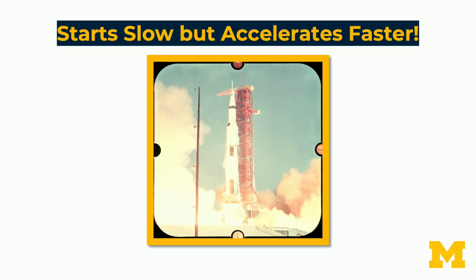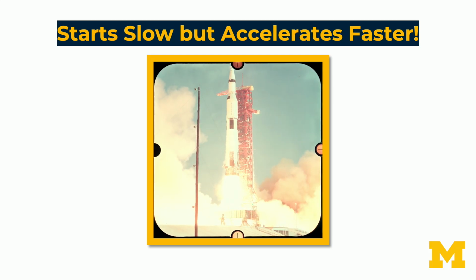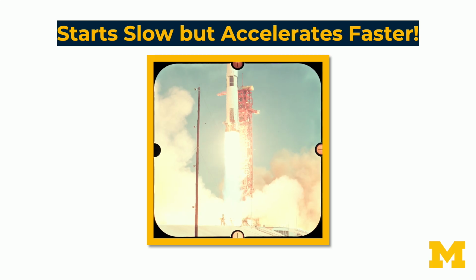So it accelerates faster and faster. And you can see that with something like the Saturn V rocket. When it starts, it looks like it's just sort of sitting there. And then as it moves up, it moves faster and faster. It accelerates faster and faster because it's losing so much mass every second.